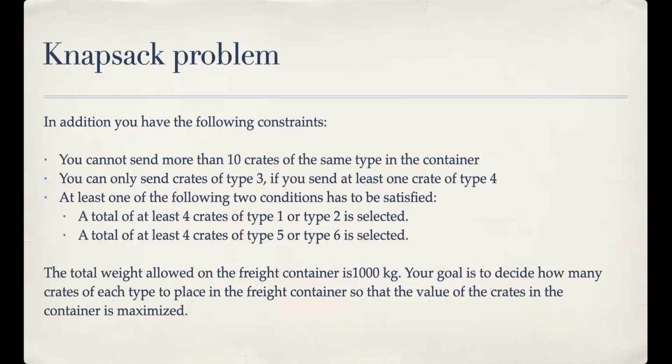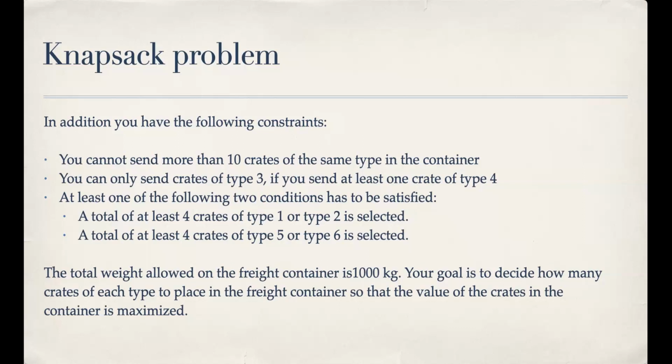The total weight allowed on the freight container is 1,000 kilograms, and your goal is to design how many crates of each type to place in the freight container so that the value of the crates in the container is maximized. We would like to maximize the value, and we have a certain set of constraints.